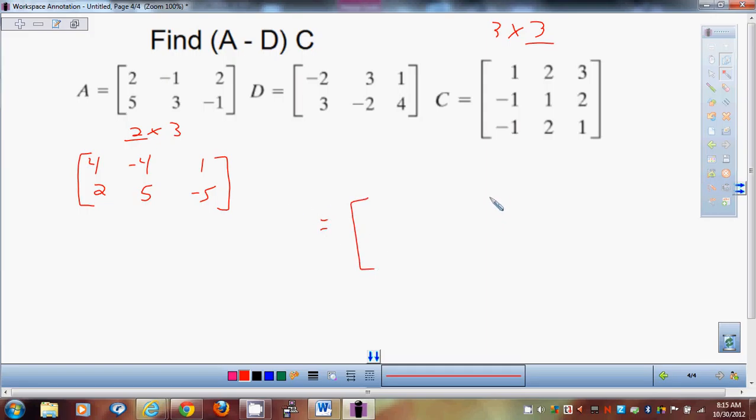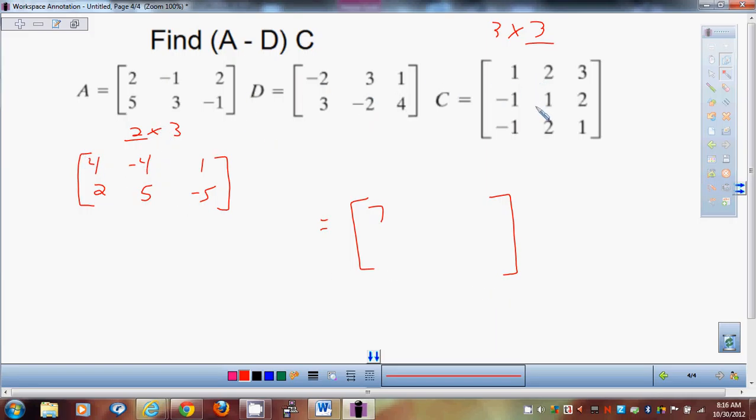Row by column. First row, first column. 4 times 1 is 4. Negative 4 times negative 1 is 4 again, so that's 8. 1 times negative 1 is negative 1. 8 minus 1 is 7. Then I take the first row by the second column. 4 times 2 is 8.